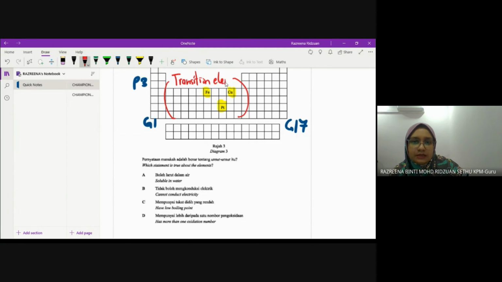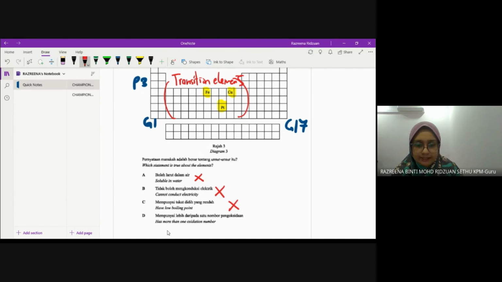Transition elements or transition metals have 4 special characteristics. They are not soluble in water because they are metal, obviously. They cannot conduct electricity is definitely wrong because all of them are metal, so they are able to conduct electricity. They have low boiling point also doesn't make sense because they are metal, they have high boiling point.